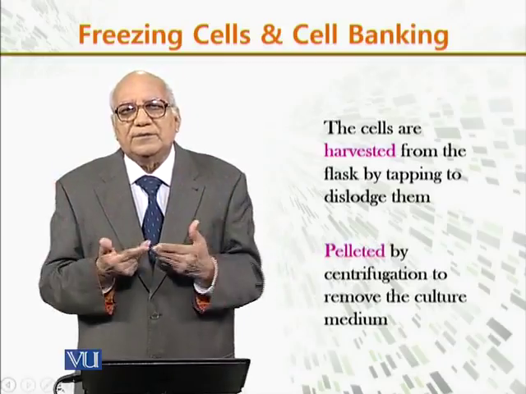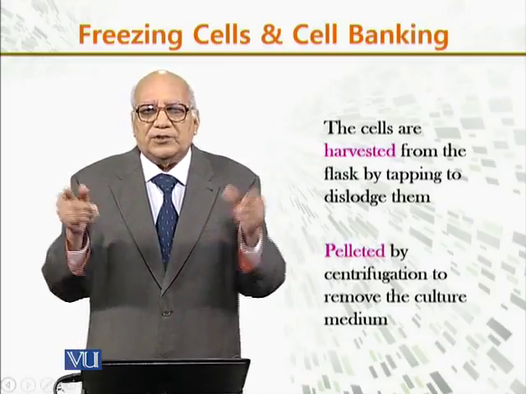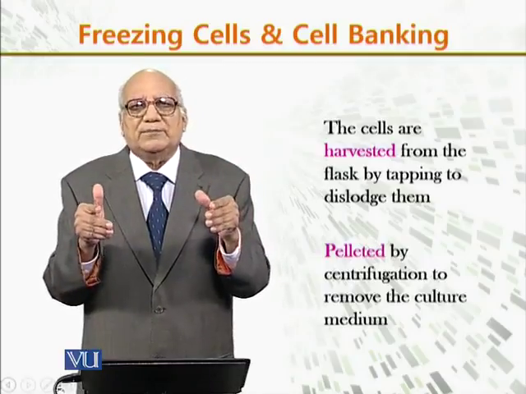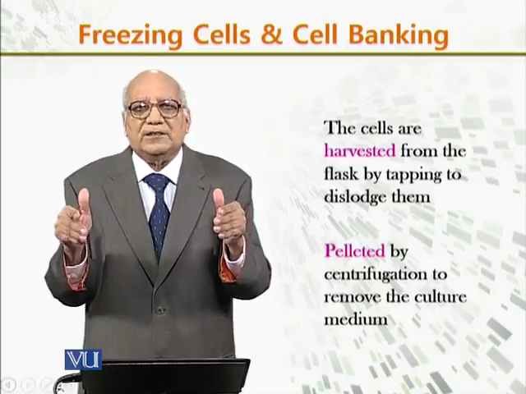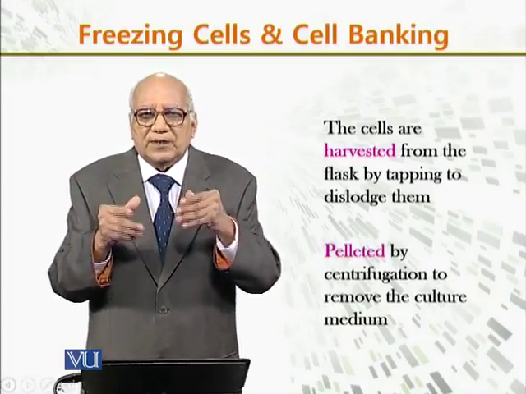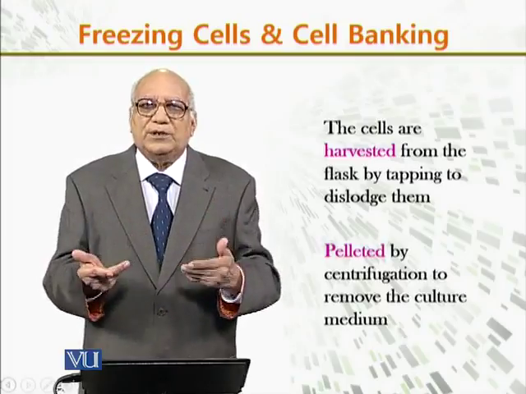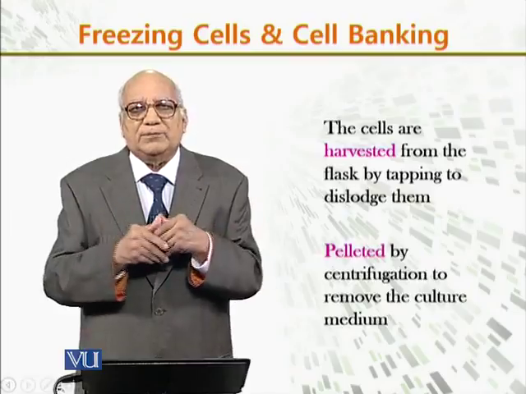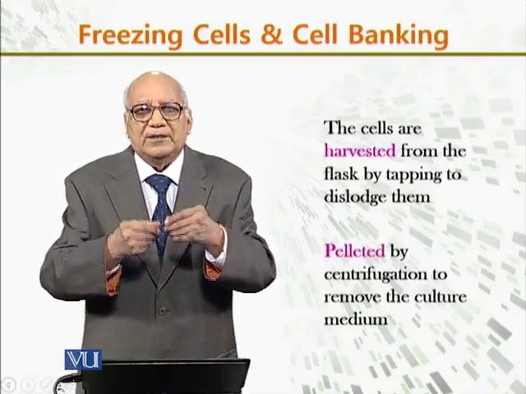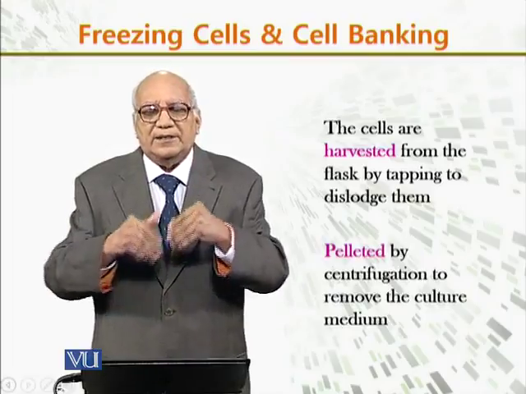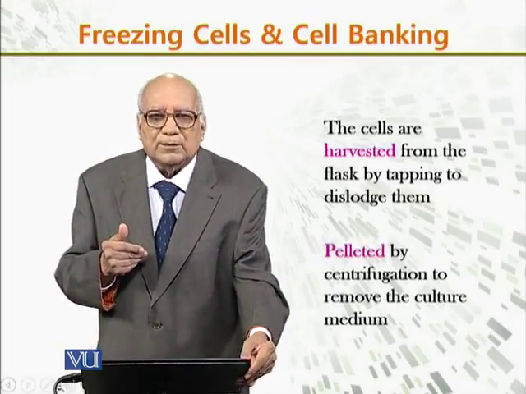We remove them by just tapping the flask walls so that they are dislodged. Then, once they are in solution, they are pelleted by centrifugation, where they make a pellet and the culture medium is removed from them.